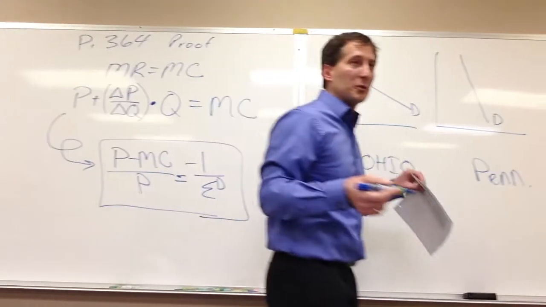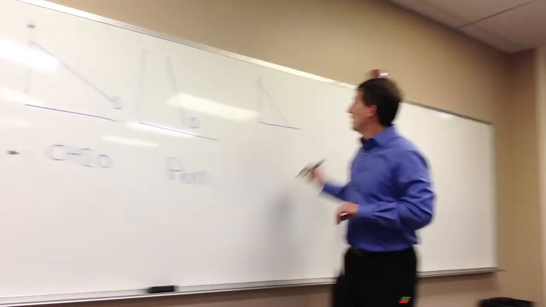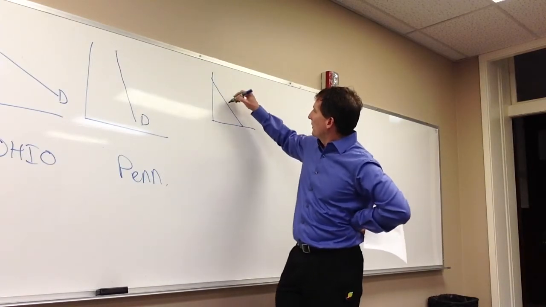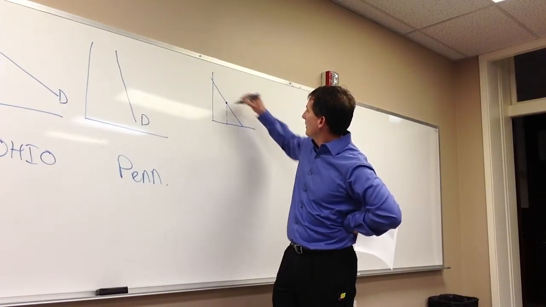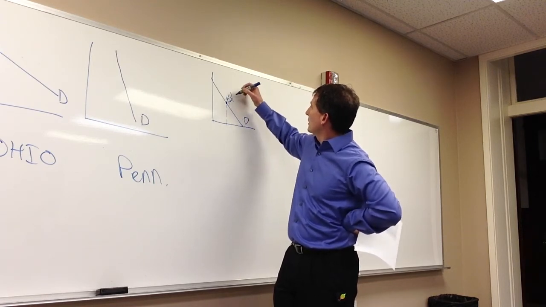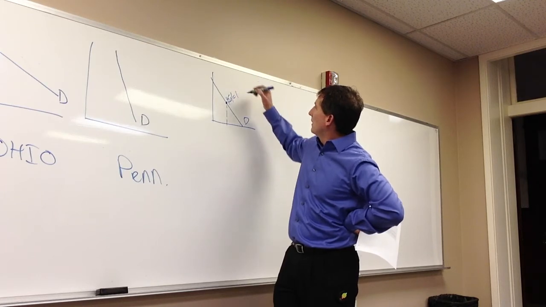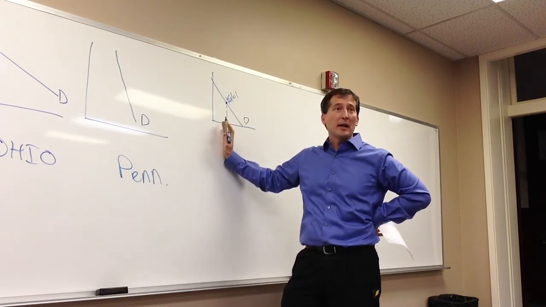Now, I also just want to point out that if this is a demand curve, just a single demand curve, this could be happening along one, just thinking about where we're at on the demand curve.